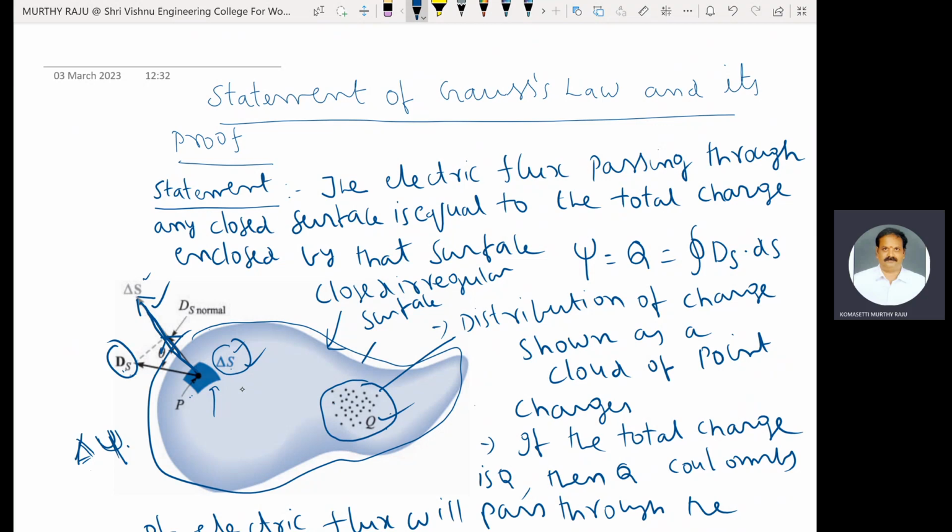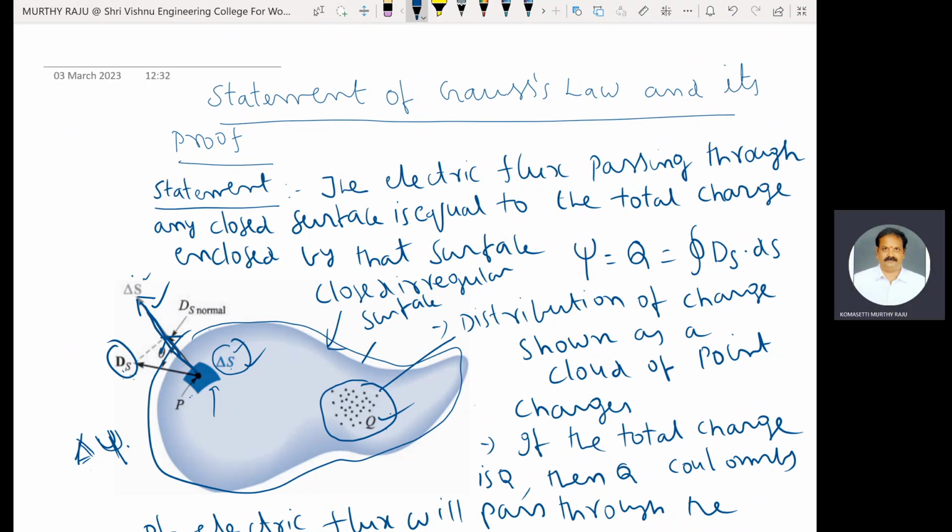Irregular means these directions and magnitudes change from point to point. The direction of delta S is normal to the plane of the surface.